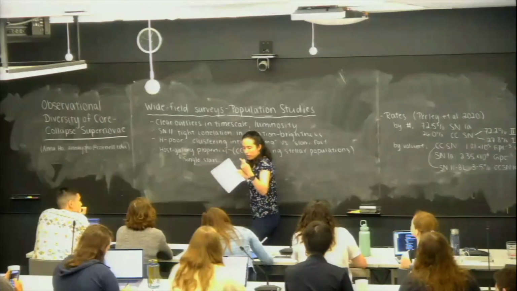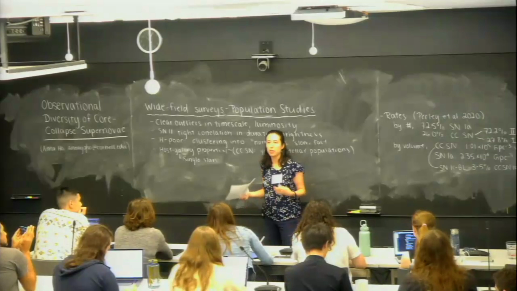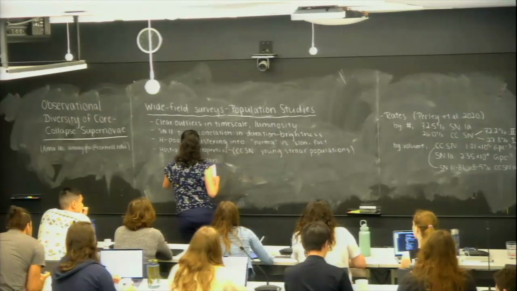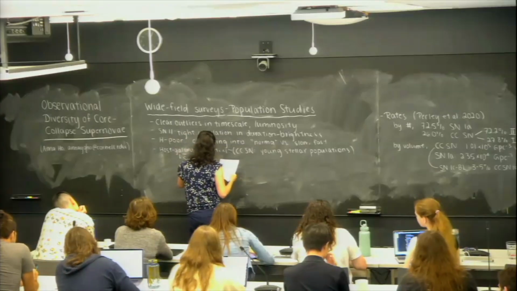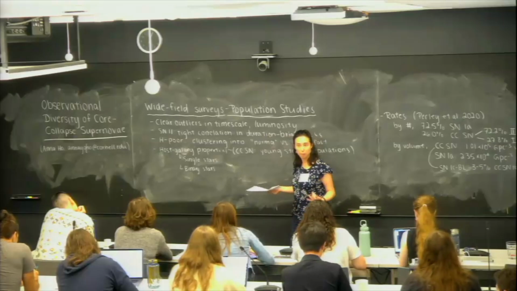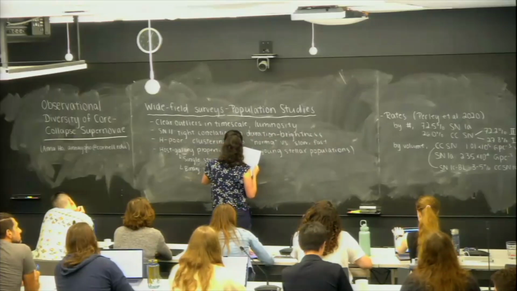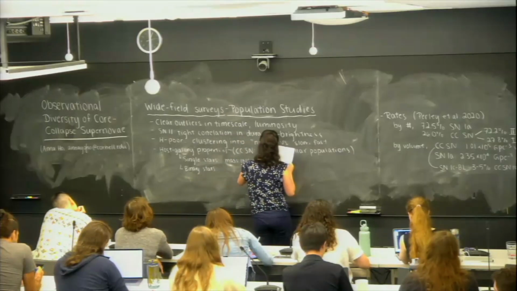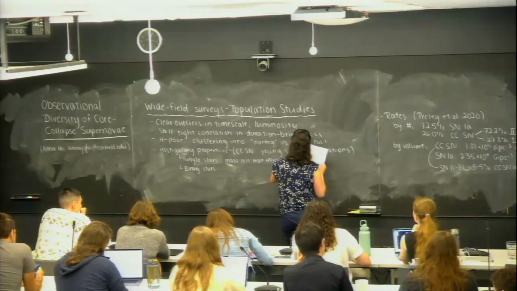Something we were discussing is whether the stripping of the envelope could be a single star process or a binary star process. And one way you could examine this is to look at trends with host galaxy properties, because in the single star stripping mechanism, you'd expect the mass loss to be more effective at higher metallicities.